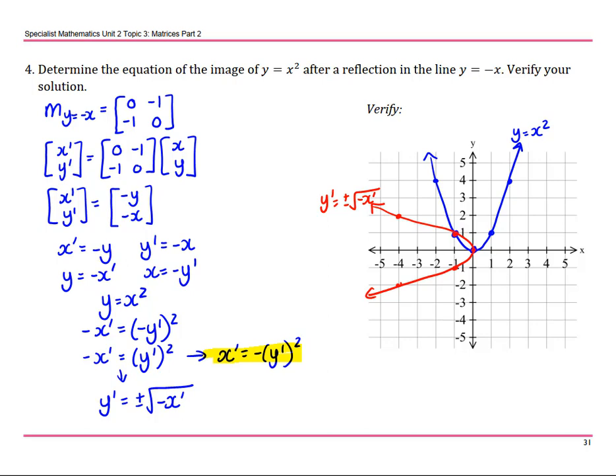And our reflection was in the line y equals negative x, which is that line there. So you can see that that's verified.